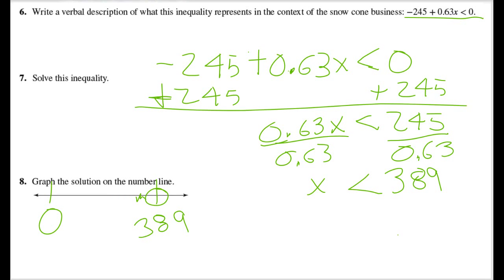So I circle 389 because that's my breaking point. But I do not fill it in because 389 won't work. And then I make a fat line all the way to the left for all the numbers that are less than 389. And you could argue that you really don't need to make the line below 0, because you can't sell negative snow cones. Doesn't make a lot of difference.